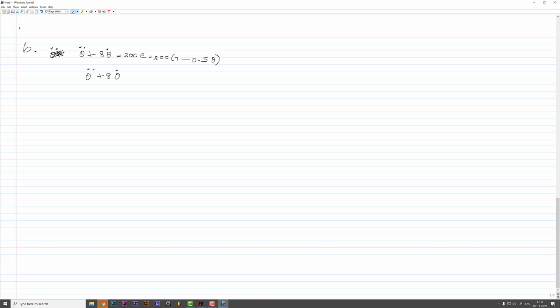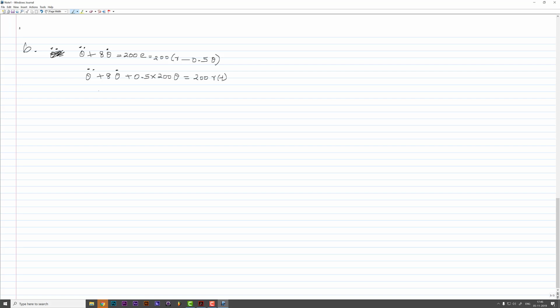So your dynamic equation will be theta double dot plus 8 theta dot plus 0.5 into 200 theta is equal to 200 R of t.